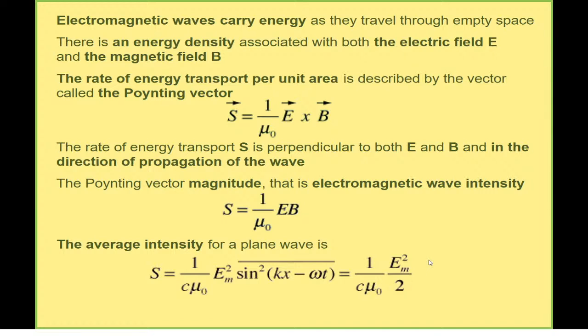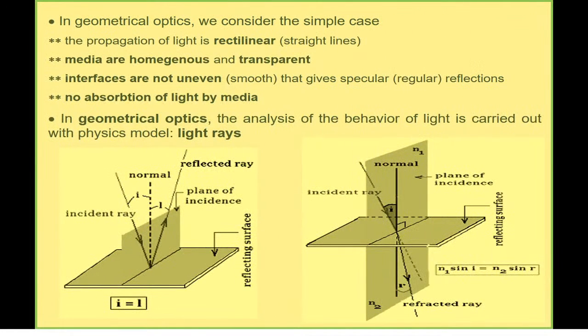So, quantification of the electromagnetic wave phenomena. The next, let's go further. When we talk about the propagation into the space, you might remember we noticed that the velocity of the electromagnetic wave is the greatest in a vacuum.